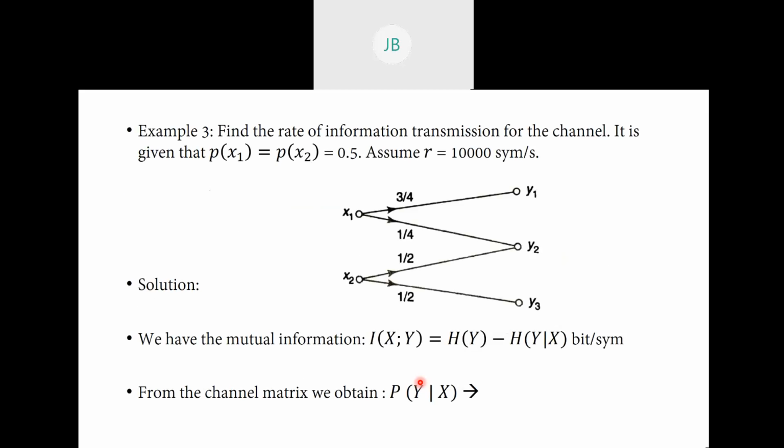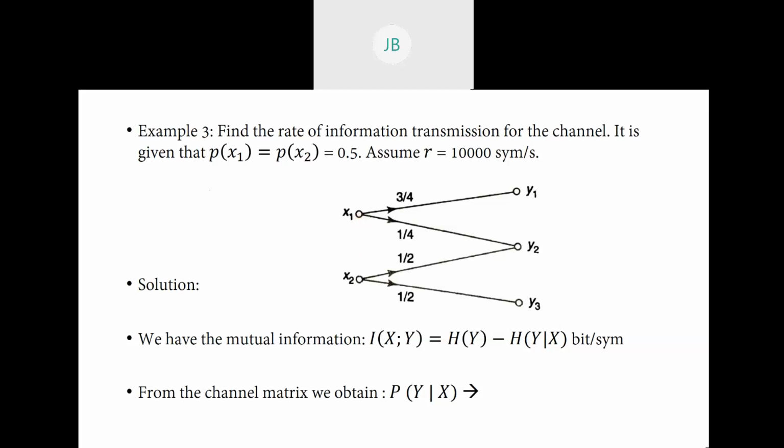Okay, now let us move on to the third example. In the third example, the question is to find the rate of information transmission for the channel. It is given that the probabilities of both the input symbols are equal to 0.5. Also, you need to assume that the input information rate is equal to 10,000 symbols per second. More specifically, a channel is given here.